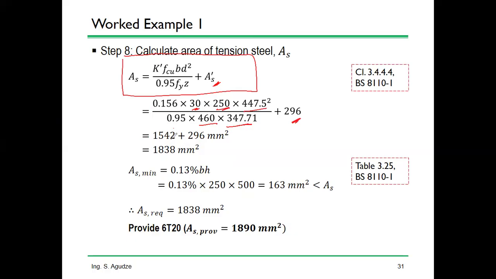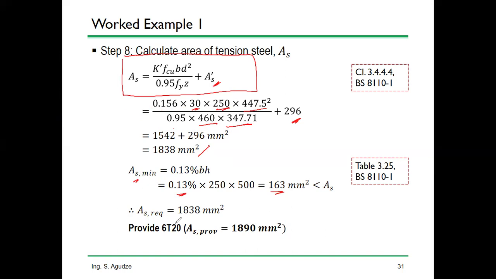Adding 1542 plus 296, you get 1838 millimeters squared. Again, check the minimum steel area. Because this is tension steel, it is 0.13%, and is 1:3, far less than the AS. So we would adopt this one as our AS required, 1838.